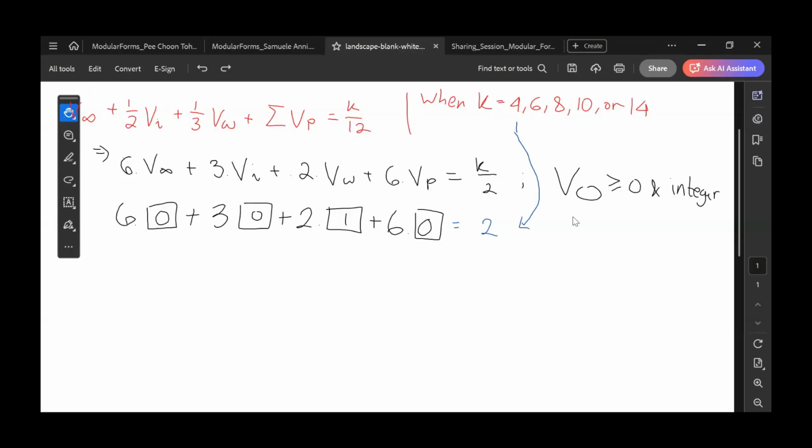Okay, which means that for the order at infinity, at i, at omega, and all the other points, the only solution is 0, 0, 1, 0.